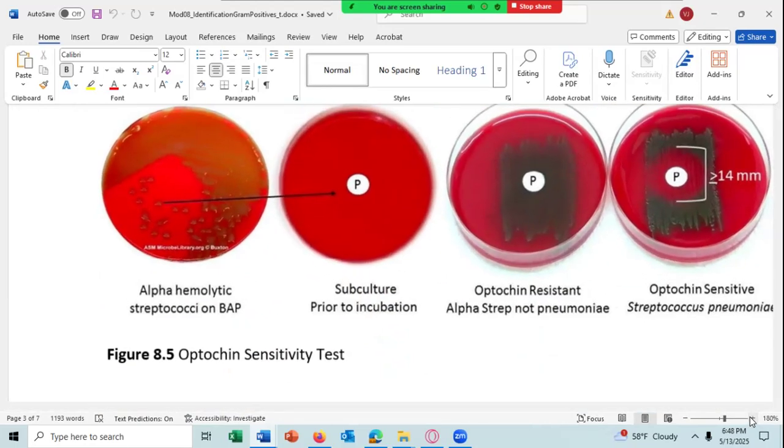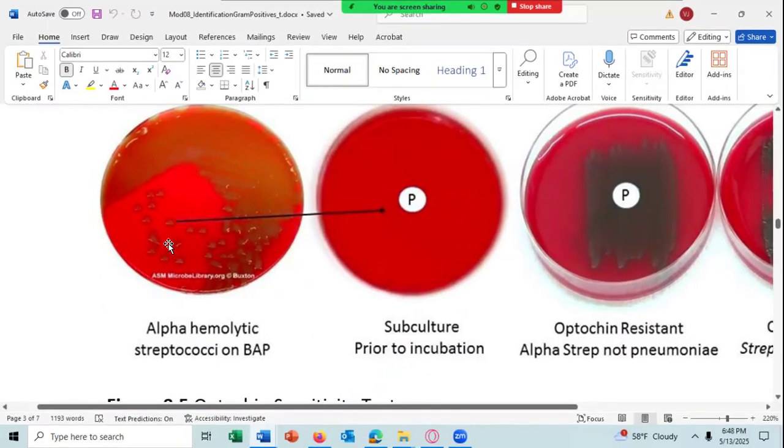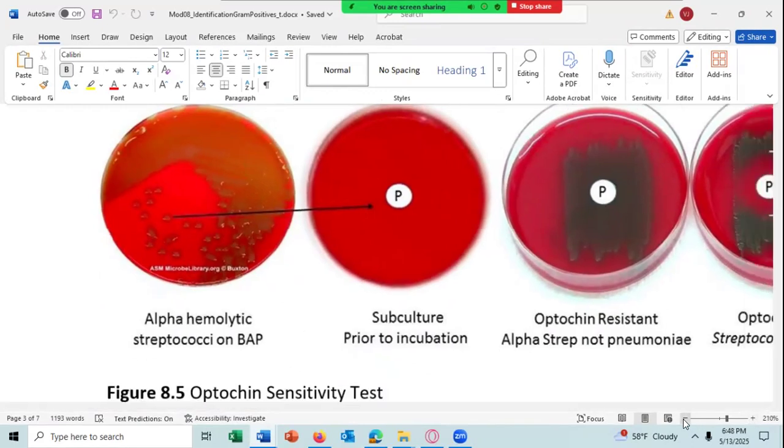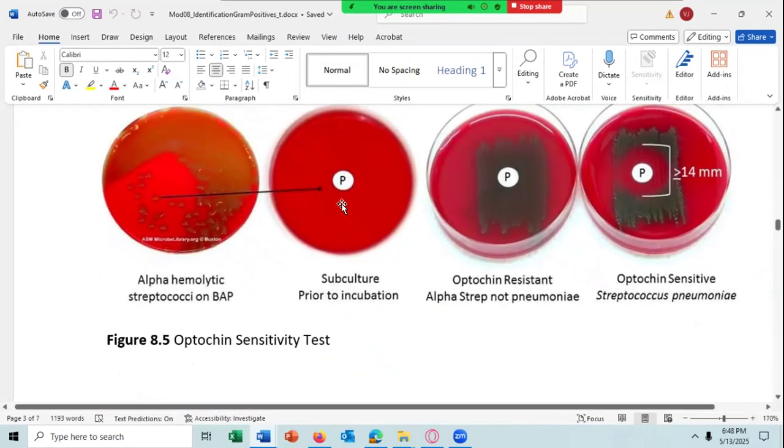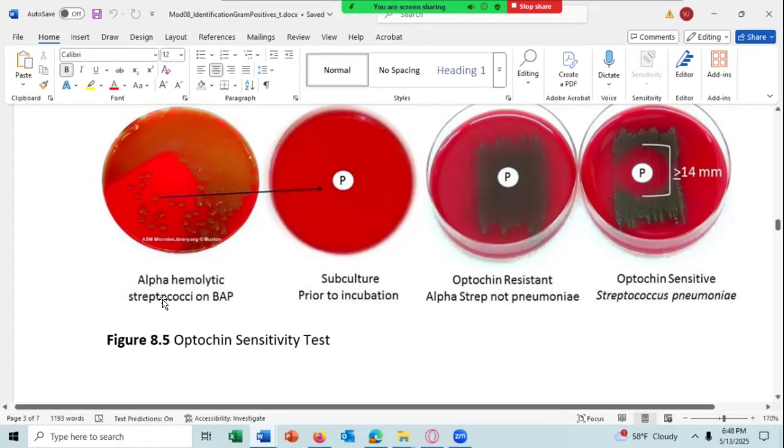Let me blow this up even further. And there's the colony, kind of off-white. And you see this darkened ring around the colonies? That is alpha hemolysis. We then take this bacteria and plate it on an agar plate. After about 5 minutes, you then add the disc containing optochin, and then you incubate the culture. If it's optochin resistant, alpha hemolytic streptococci, then it is not Streptococcus pneumoniae.